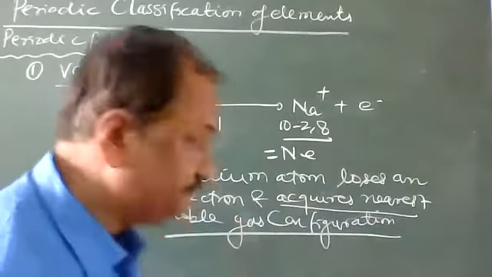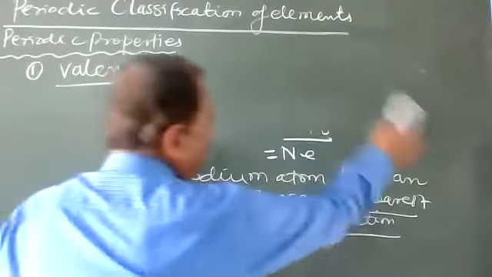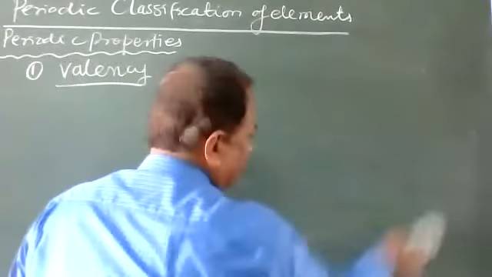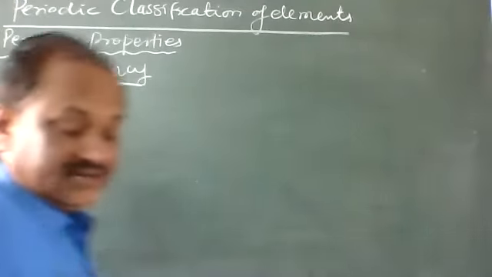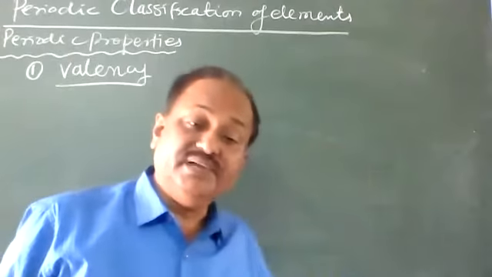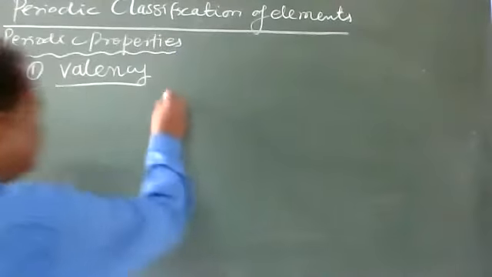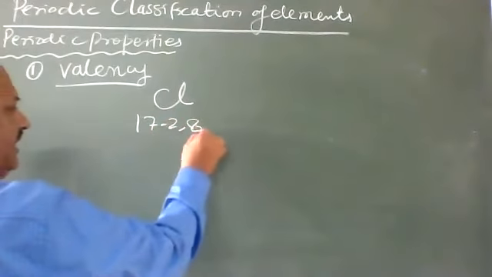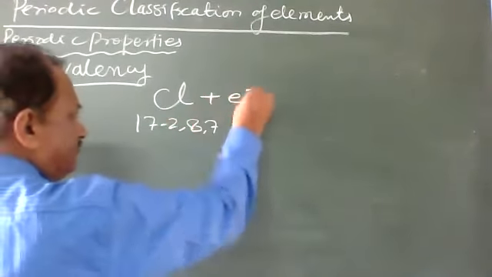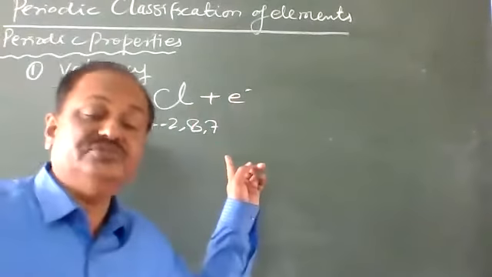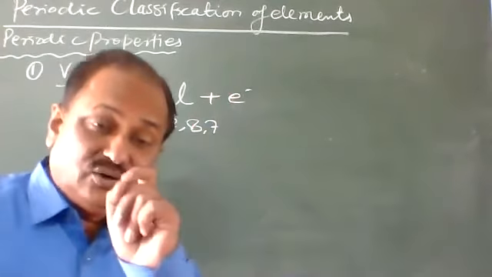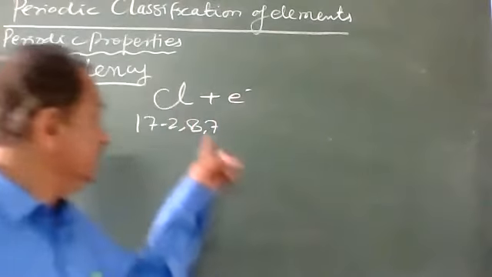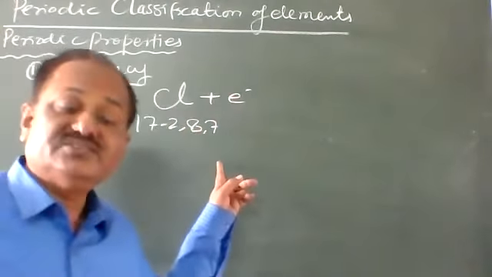An element loses electrons or gains electrons. When it gains, the valency will be negative. See here, chlorine 17, 2, 8 and 7. Chlorine has 7 electrons in the outermost orbit. All reactions require a very large amount of energy, so it is impossible for chlorine to lose the 7 electrons.